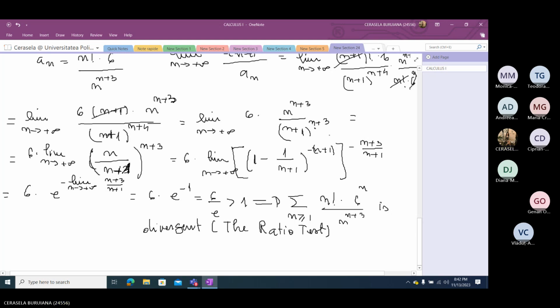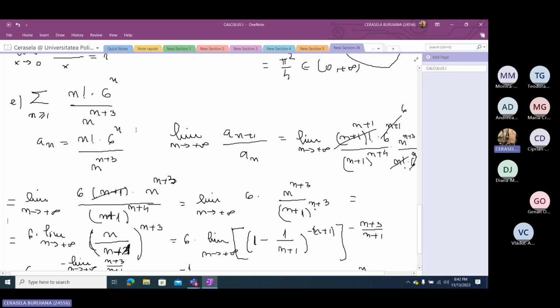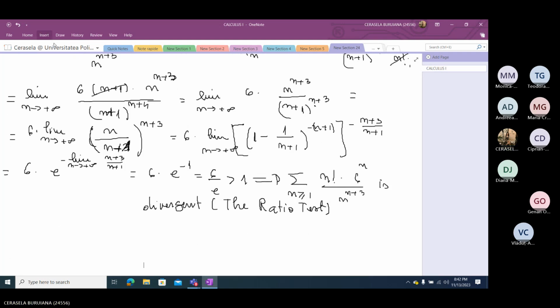Then let's continue with something else. So the E, it will follow exercise F. Okay, now let's take for instance n.